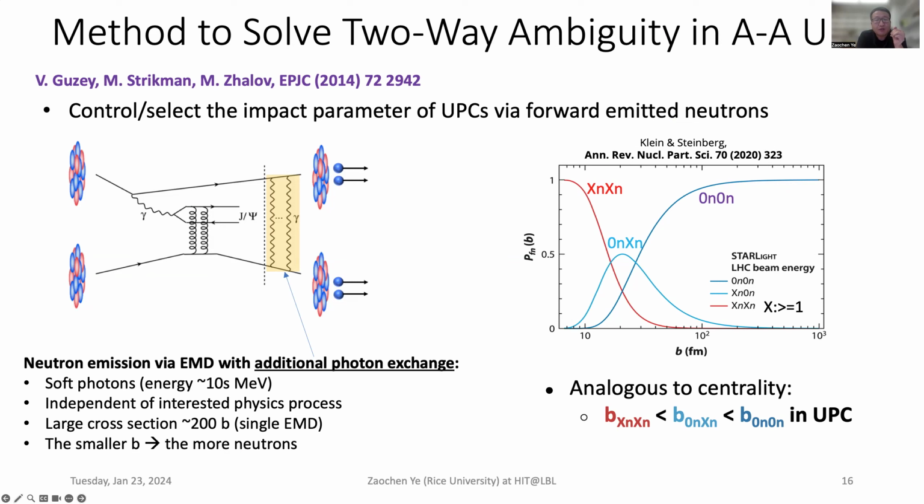So if we have more neutron emissions, for example, XnXn means both sides have one or more neutrons, it has the smaller impact parameter. Then 0nXn means only one side has neutron emission, and 0n0n means actually no neutron emission.